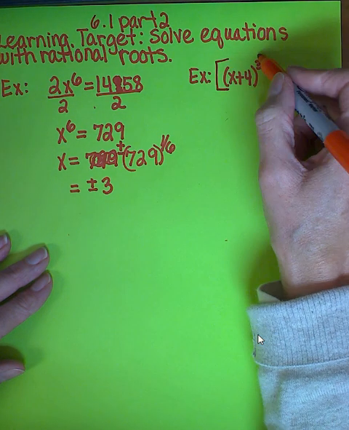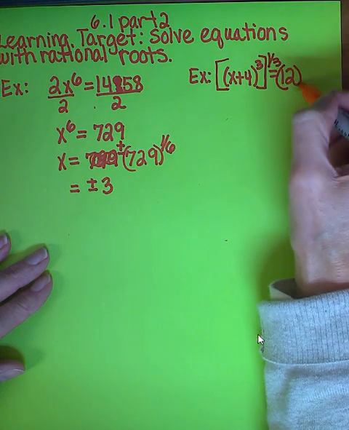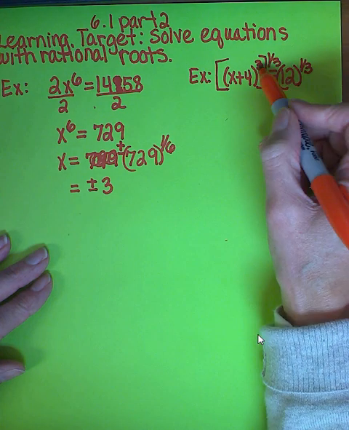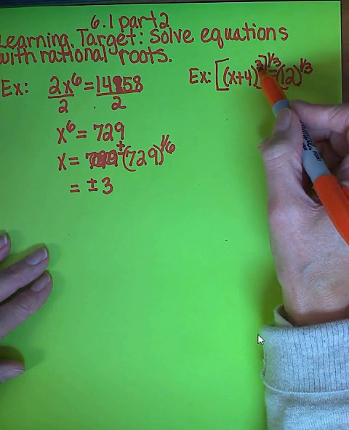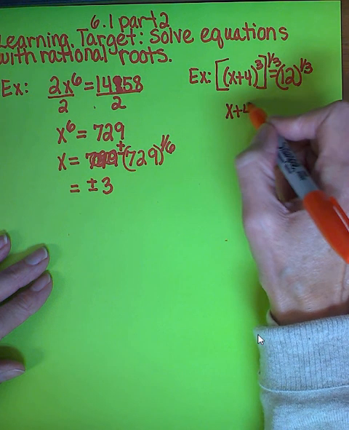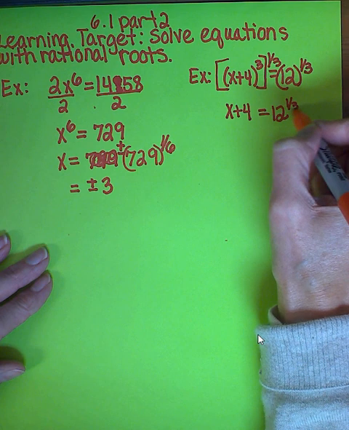So if I take both sides to the 1/3 power, this would just be 1. 3 times 1/3 is 1. So I'm just going to end up with x plus 4 equals 12 to the 1/3 power.